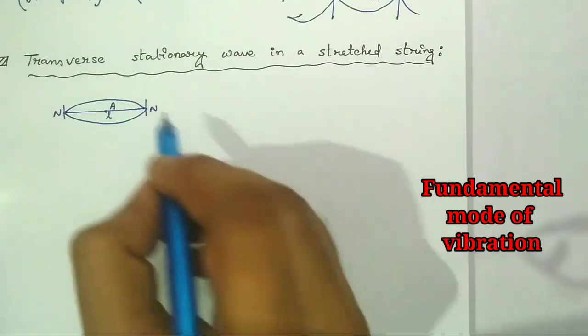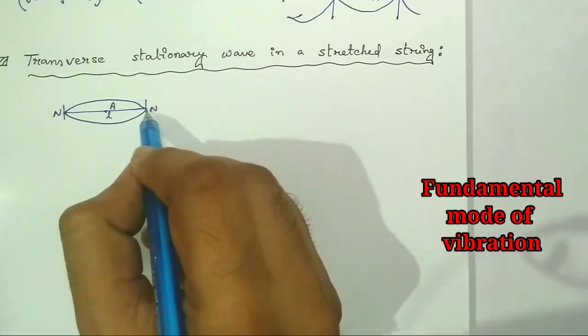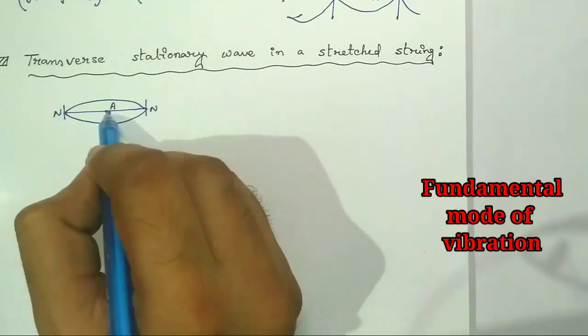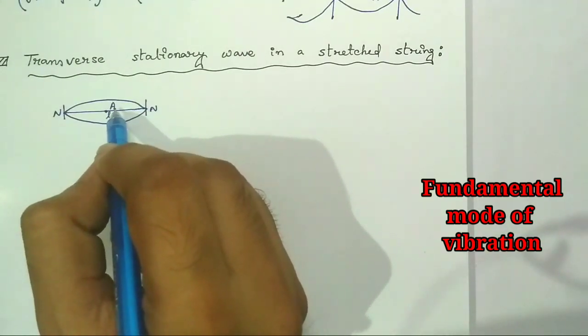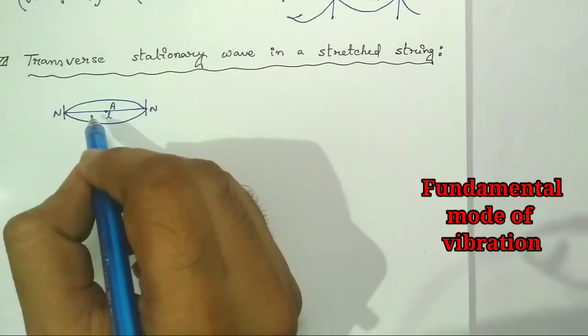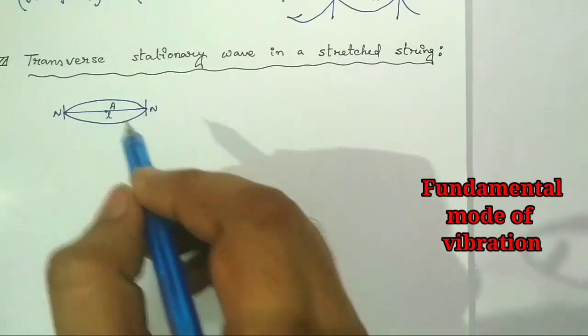I repeat, the nodes are those points where the amplitude of the wave is minimum and the antinodes are those points where the amplitude of the wave is maximum.